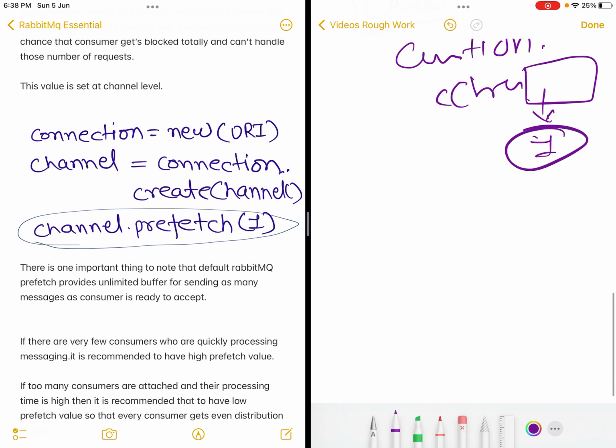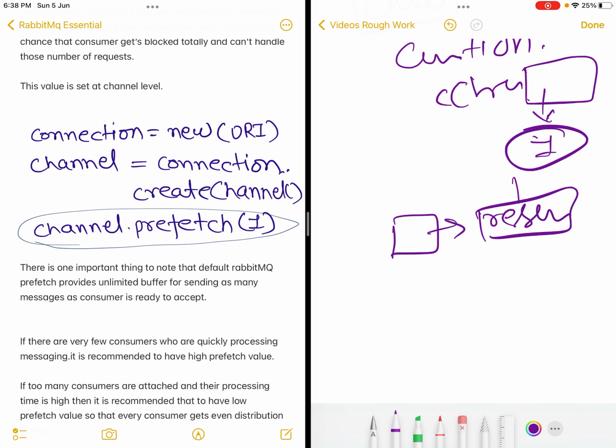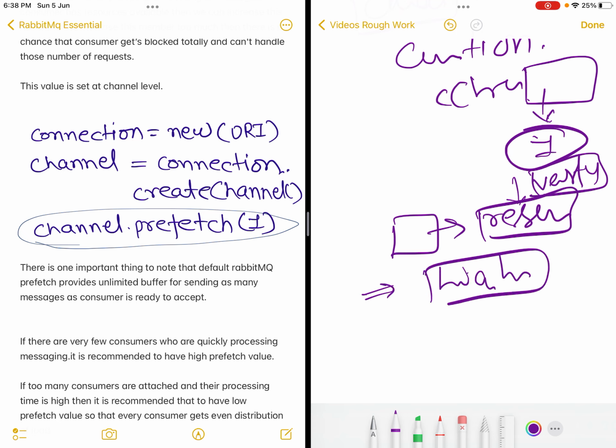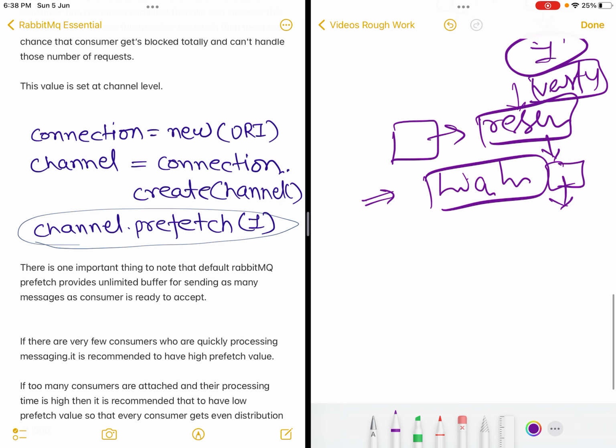If you have consumers who have resources available and process messages very fast, you should keep the prefetch count on the higher side. Your consumer has resources, so even if you send a higher prefetch count, it will be able to proceed.